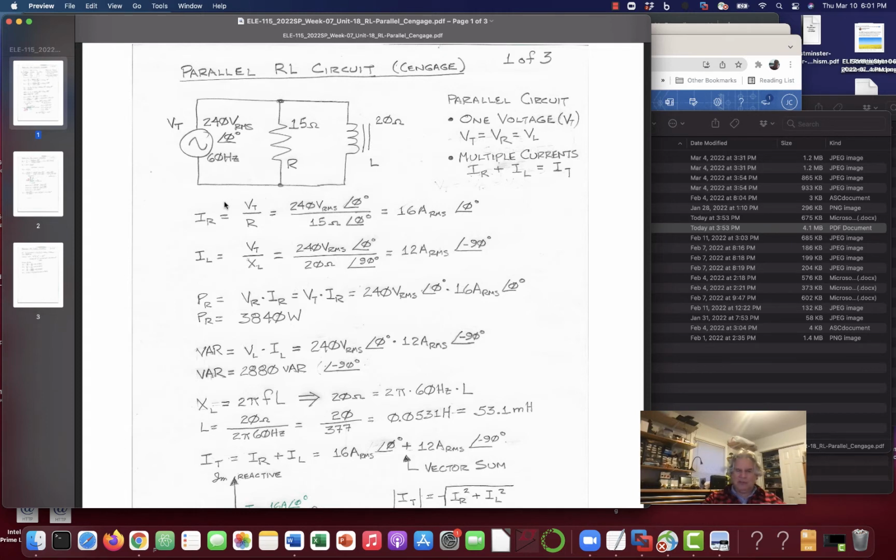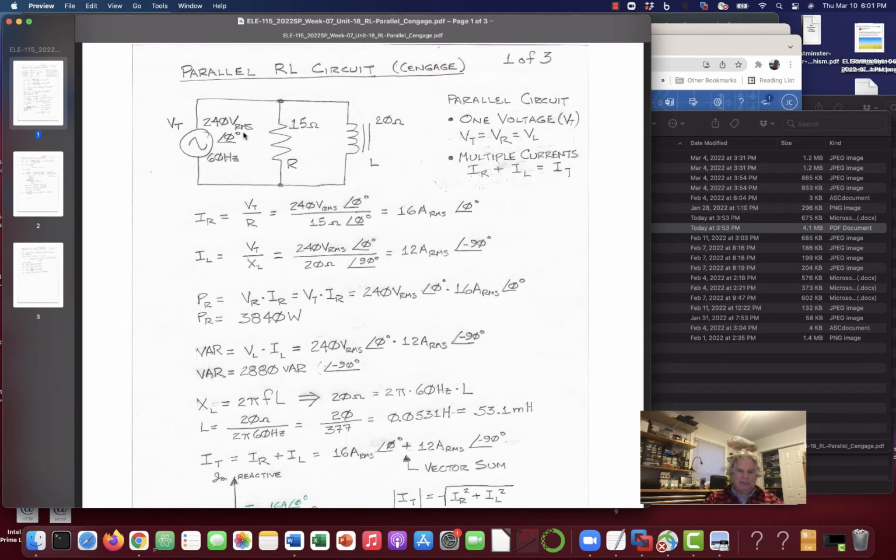Even though on oscilloscopes we like to use peak to peak because you can see it, meters like your digital multimeters, where they have an AC volt scale, are measuring RMS. So if you measure this AC voltage, from this node up here to this node down here with a multimeter set to AC volts, you would measure 240 volts because that's RMS.